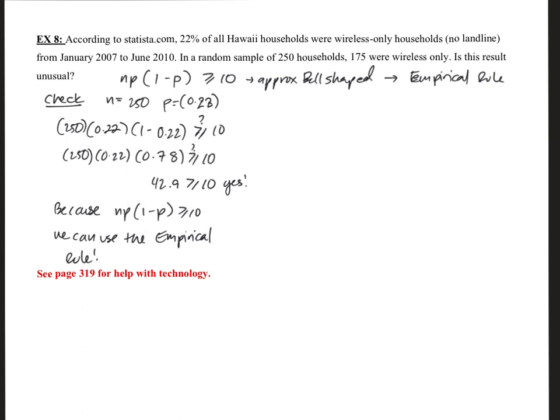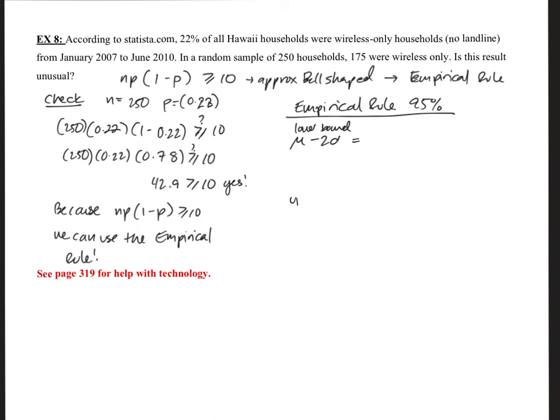All right. How do we use the empirical rule? Well, for the empirical rule, we're going to use the 95%. And so we're going to calculate the boundaries for this, which was mu minus 2 times the standard deviation. That would give me my lower bound.